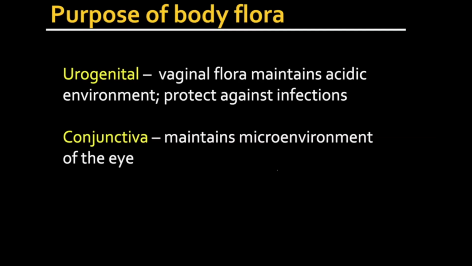And conjunctiva, that flora sort of maintains the microenvironment of the eye. So you do have flora there as well. And, like I said, antibiotics are pretty bad because they're not just going to kill off the bad bacteria, they're going to kill off the good bacteria in your body, and you will likely have side effects.